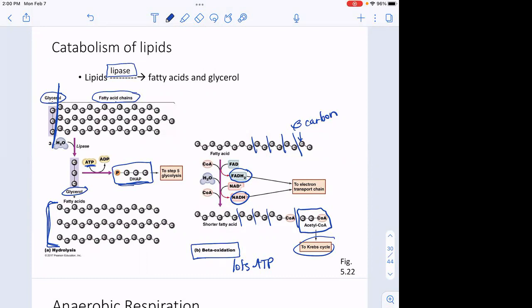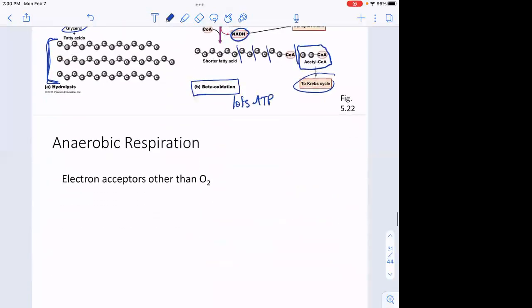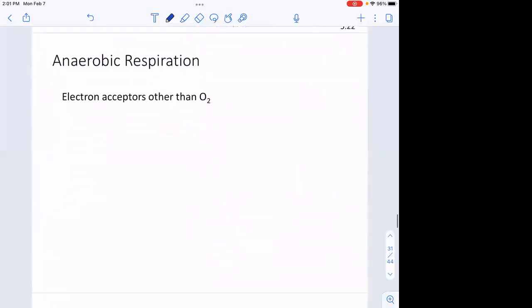All right. So what happens if, remember, bacteria are often a lot more flexible than we are. They can often use some other kind of electron acceptor other than oxygen. And it's almost always going to be some inorganic ion.